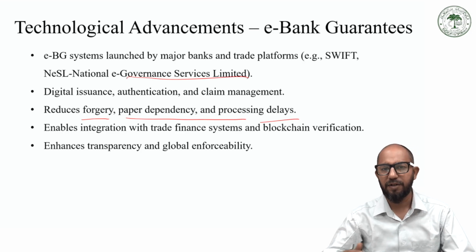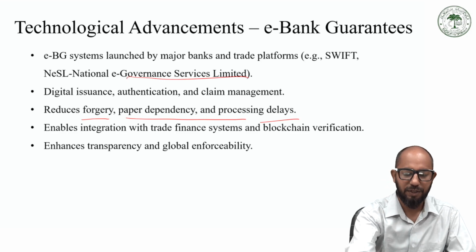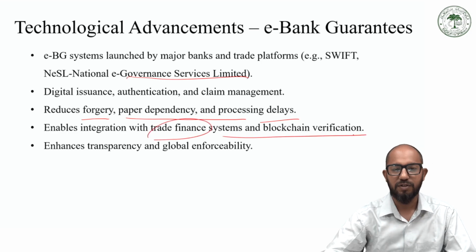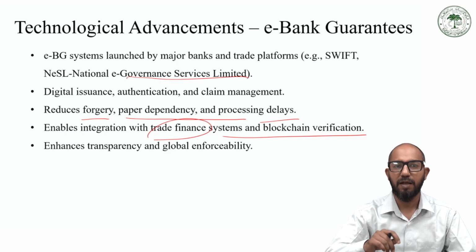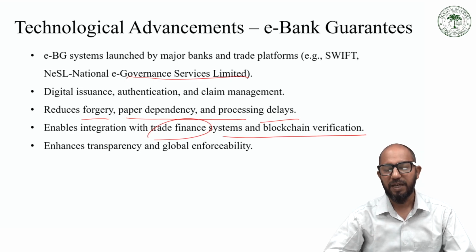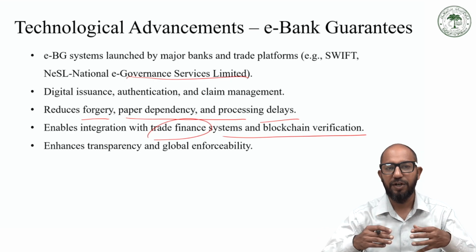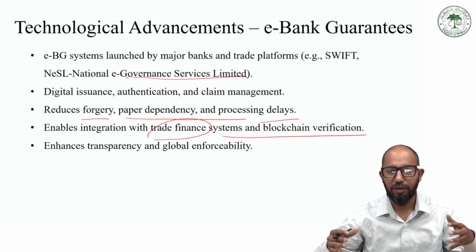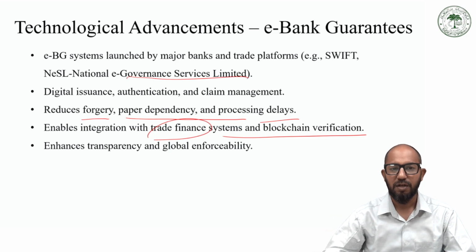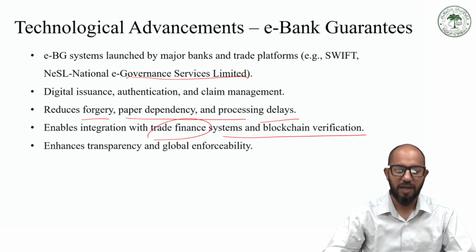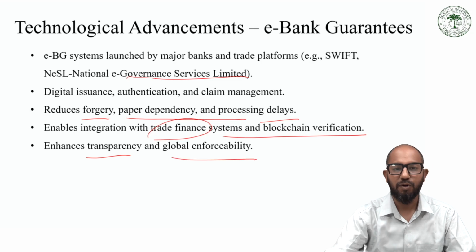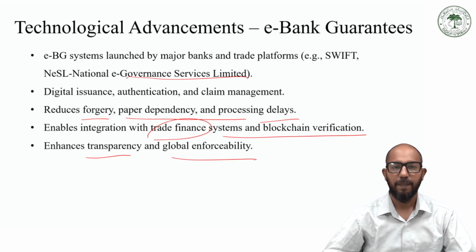The e-bank guarantee schemes also enable integration with trade finance systems and blockchain verification. It means the e-bank guarantee mechanism is now inculcating new technological innovation as well, which is the future of the financial world. Finally, e-bank guarantees also enhance transparency and global enforceability.